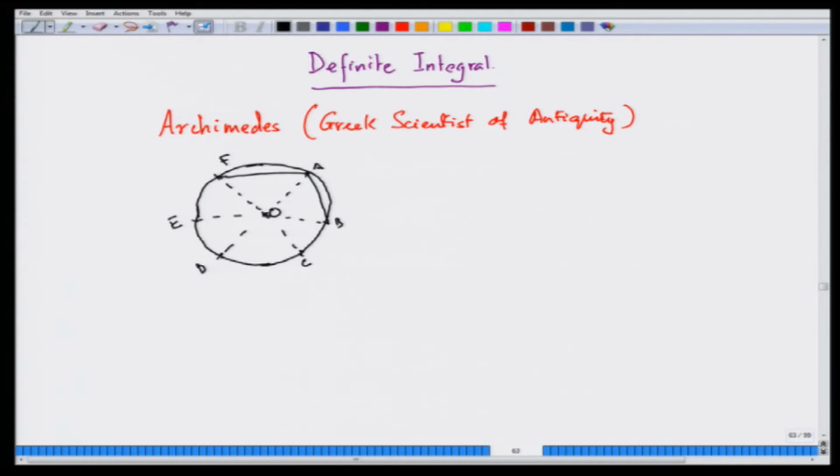Adjacent means from F I can go to A, but from F I cannot directly go to C. If I walk over the arc, or the circumference, from F towards C, either I go through A and B or I go through E and D. So E, F and C are not adjacent, and F and B are not adjacent, while F and A are.